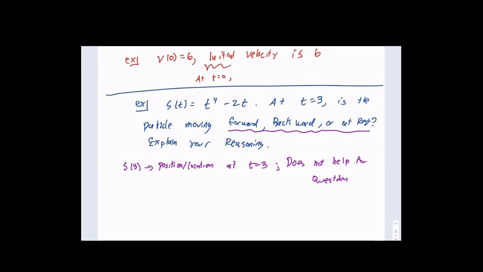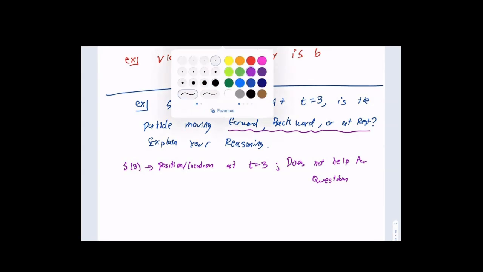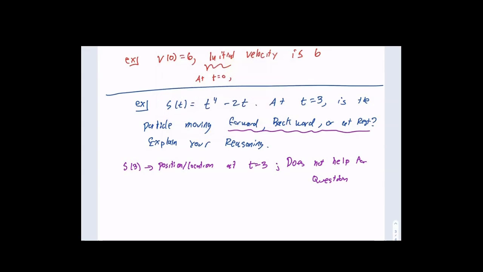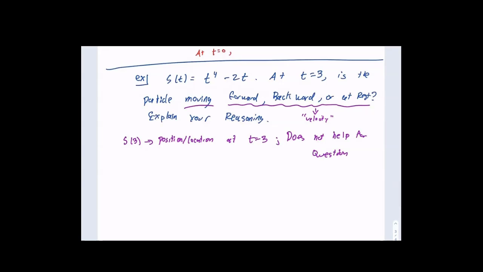So, when you hear moving forward, backwards, or at rest, you need to think velocity. Velocity, velocity, velocity. Velocity is at the heart of all of our motion and our movement. There's also something called acceleration, which I know you know of as well.